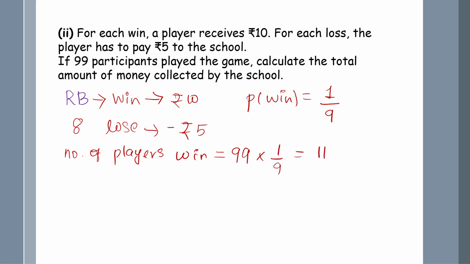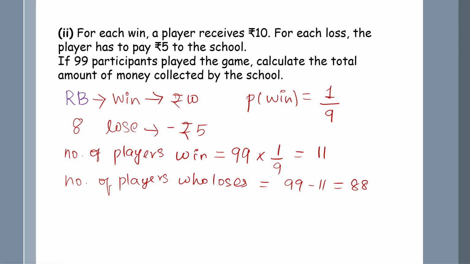So 11 people out of 99 can probably win the game. The number of players who lose is 99 minus 11, which is 88.